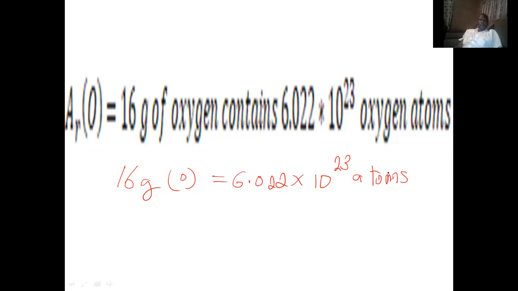So it's very important to know that we can talk about it in terms of particles like atoms. So 16 grams is equal to 6.022 times 10 to the power 23 atoms of oxygen.